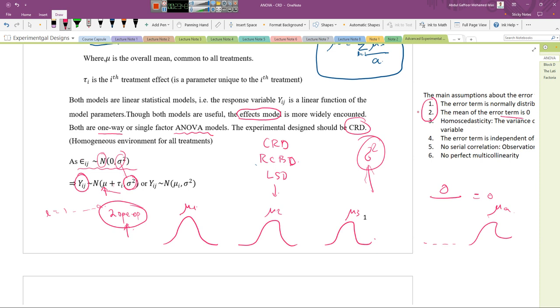Otherwise, I can write it this way also: Yij follows a normal distribution with mean mu i and variance sigma squared. Instead of mu i, I have just written mu plus tau i. That's all.